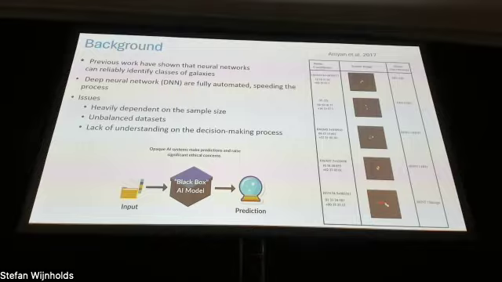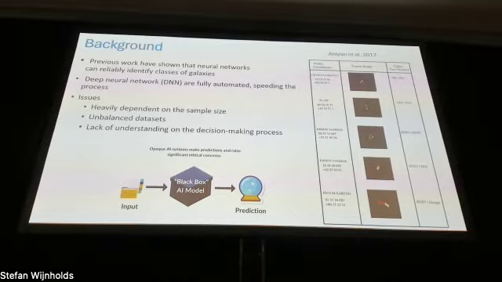However, there are still issues. If you use a deep neural network, it is heavily dependent on the sample size. If we don't have enough data, the result is not going to be that accurate. The second one is unbalanced data sets. If the percentage of some type of galaxies is less with respect to other galaxies, then we might introduce bias into our result.